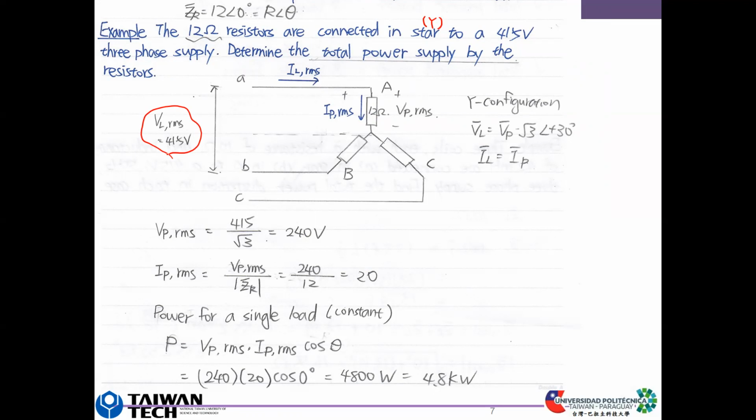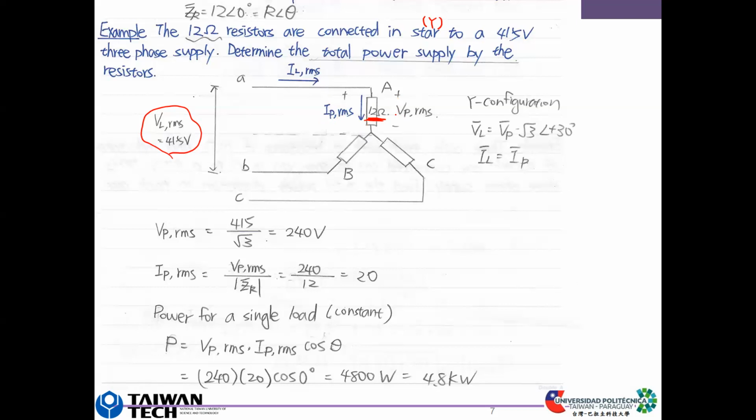Okay, so we just need to look at one phase. The resistor is 12 ohm. If we are able to calculate the current flowing through the resistor or the voltage across the resistor, we can calculate the power, right?